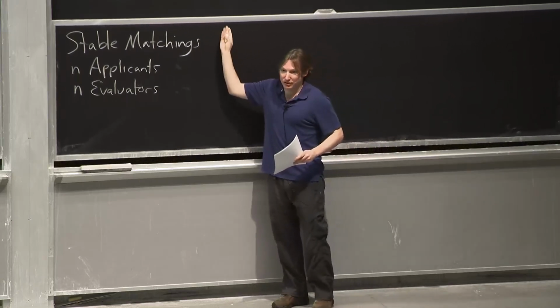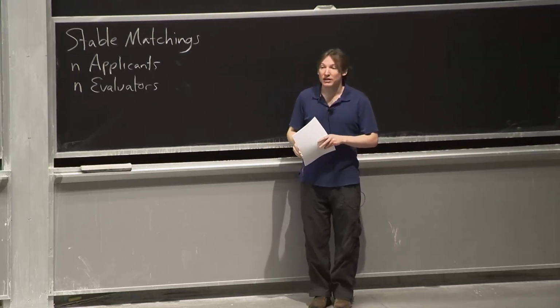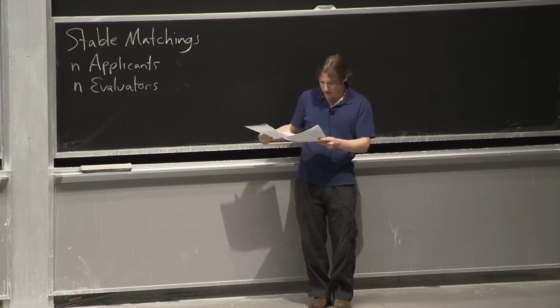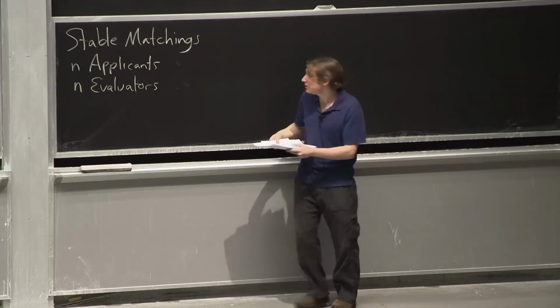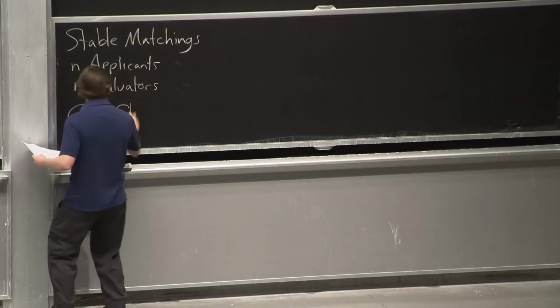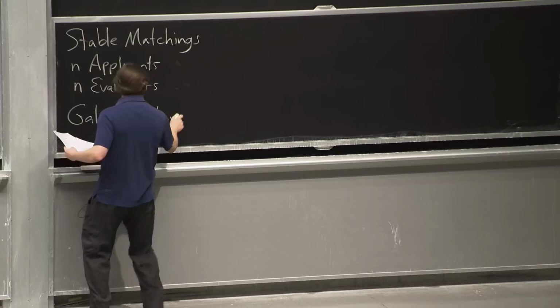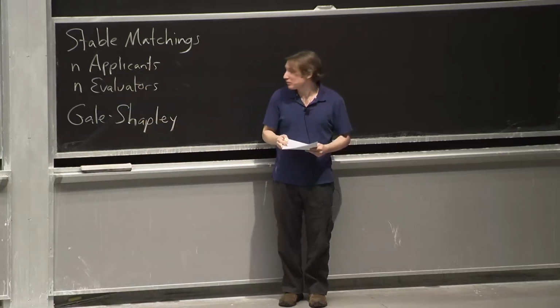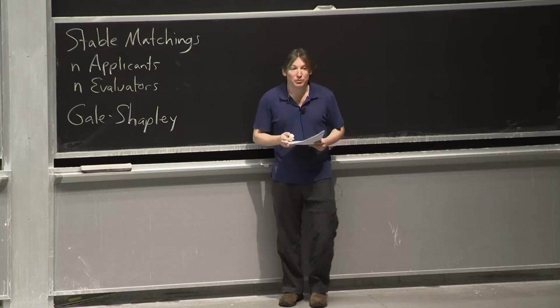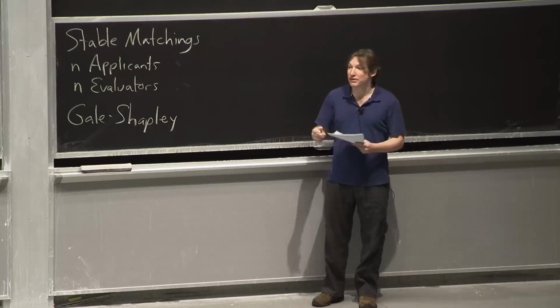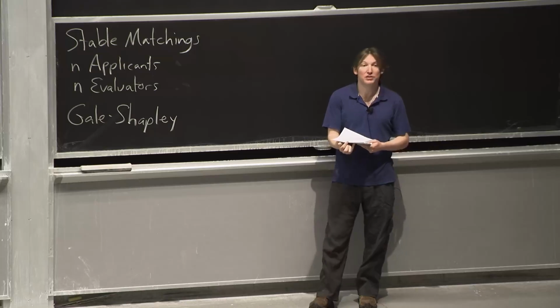This is a real algorithm with real consequences. It was invented in 1962 by Gale and Shapley. That's two people. I'm going to call it the Gale-Shapley algorithm. It was also improved many years later by L. Roth. Together, they have found many real-world applications and improvements.